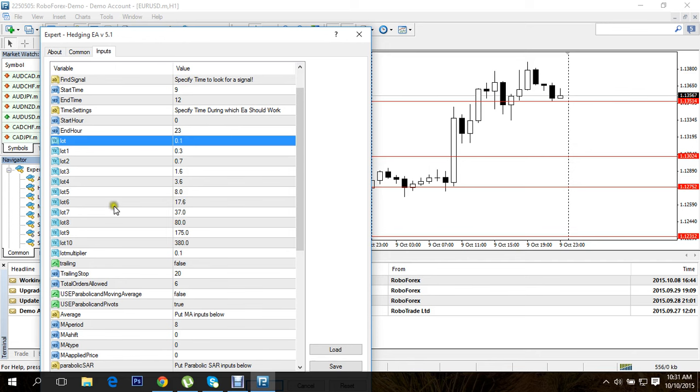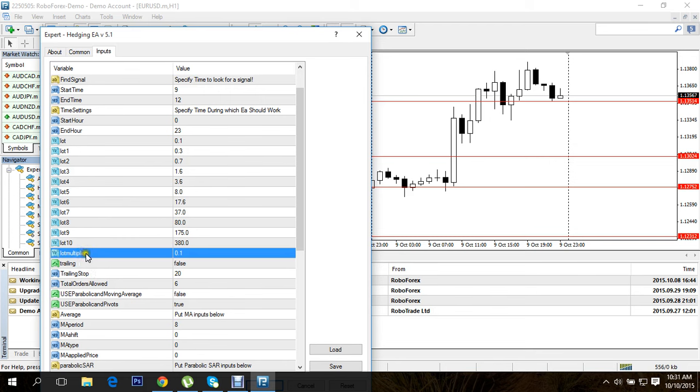So I tell them that you didn't notice this lot multiplier variable down here, which is 0.1. Basically, this variable will multiply all these variables by this number. So it is a scaling factor for you.